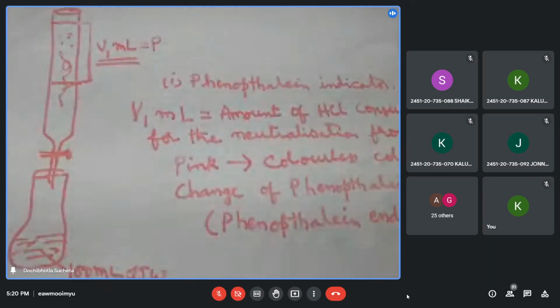Because the test water sample might contain bicarbonate ion, or if it contains carbonate ion, it will be converted only to bicarbonate by the time the solution turns colorless. There it still has the bicarbonate ions which give yellow color upon adding methyl orange. So when methyl orange is added to this sample, again it will give yellow color.